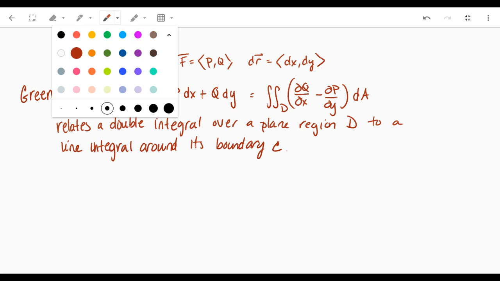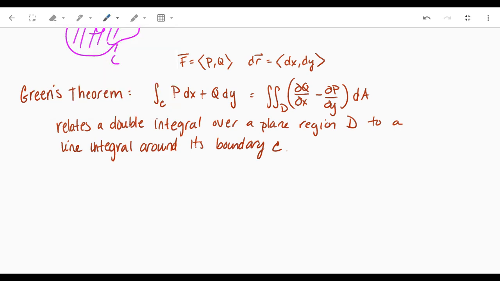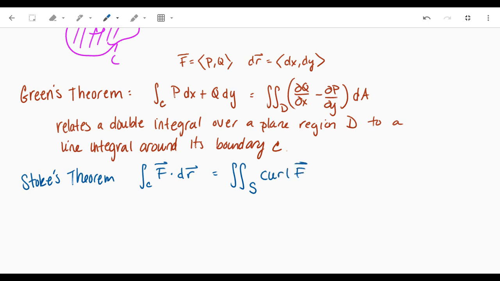Then we've got Stokes' theorem, which starts out very similar. Integral over C of F dot dr equals the integral over S of the curl of F dot dS.